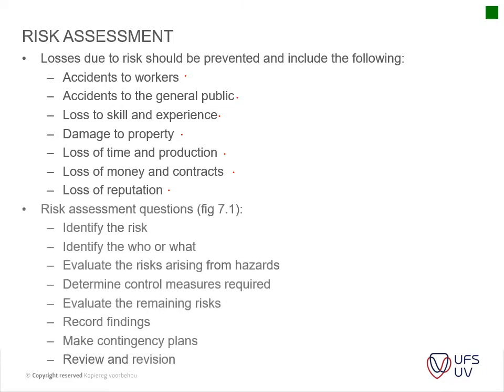But the basic steps highlighted in Figure 7 are, firstly, you need to identify your risk, and then you identify who or what might be harmed, and then you evaluate the risk arising from hazards, and then you determine the control measures that are required. Then you evaluate the remaining risks, and then you record your findings, make a contingency plan, and constantly review and revise.